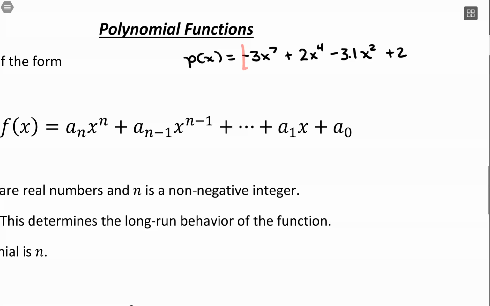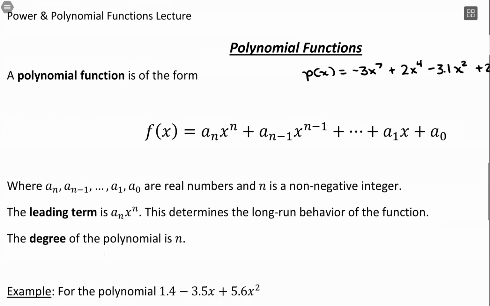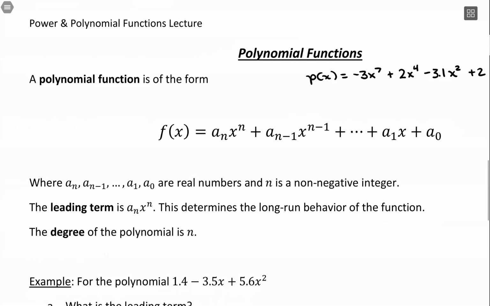So with that, this would be my leading term. Here, the a with the subscript, those are just our numerical coefficients that are real numbers, and n is a non-negative integer. The leading term is going to relate to our power functions as we look at it.